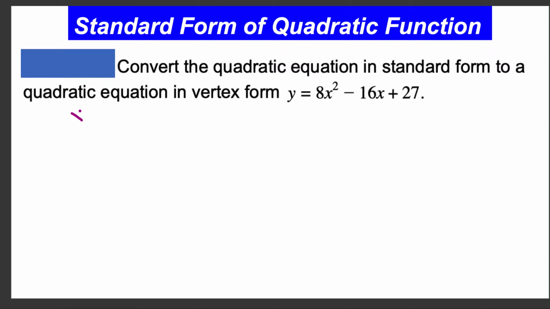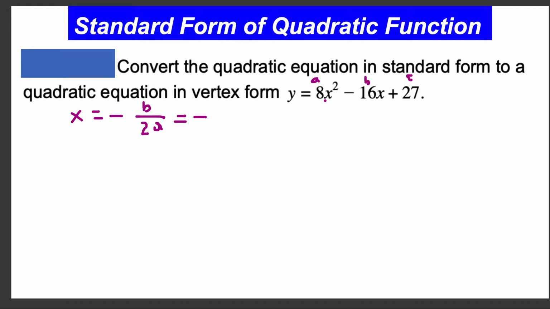We already know if we want to find the vertex, we find the axis of symmetry, that is a formula: minus b over 2a. Now we are looking at the equation, and this is a, this is b, and this term here is c.